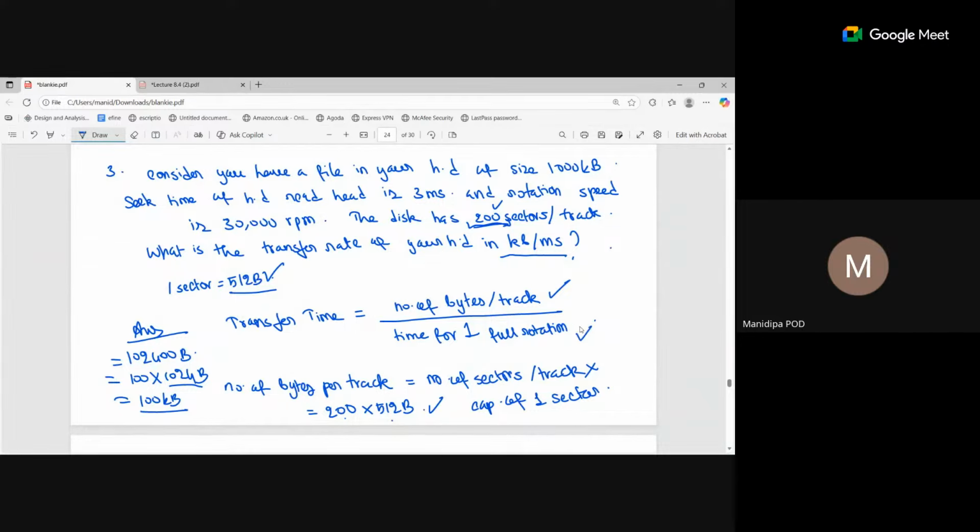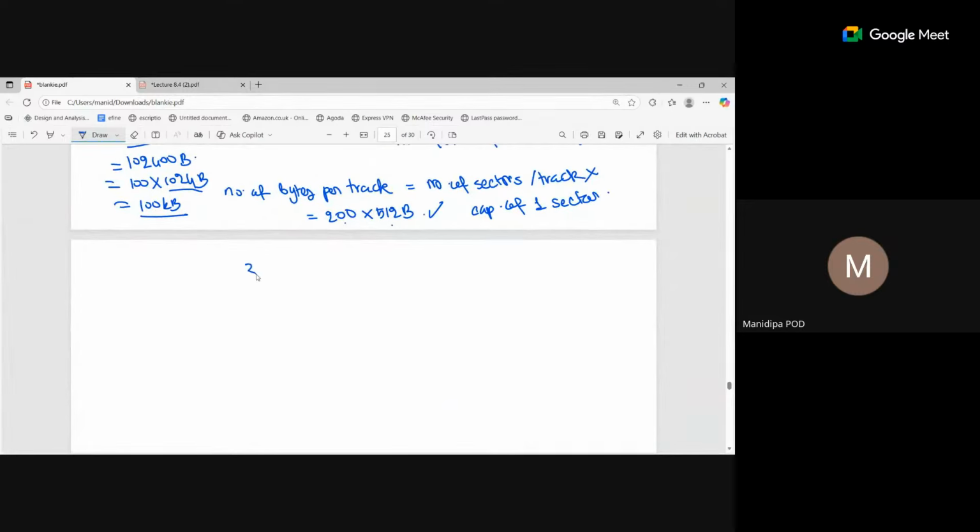Now the second part of the fraction is time for one full rotation. This is just like the previous question. Here again RPM is given to you. So 30,000 rotations in 60 into 10 to the power 3 milliseconds. One rotation takes 60 into 10 to the power 3 by 30,000, so this is 2 milliseconds.